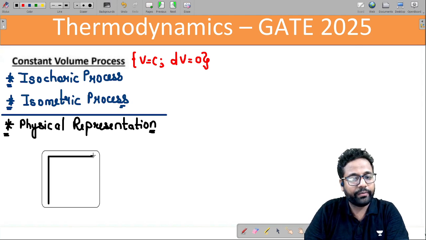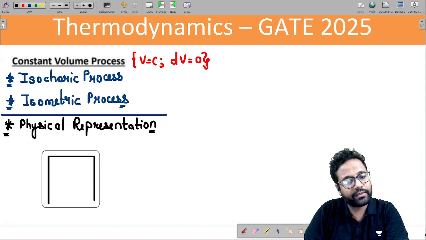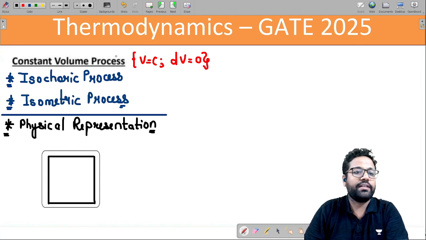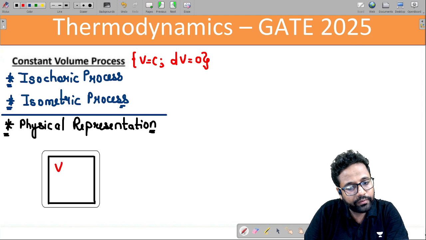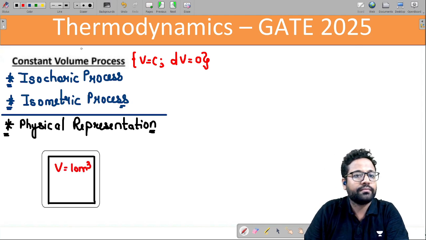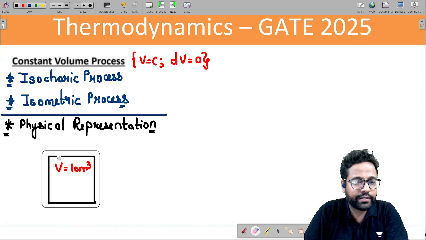And I am marking its boundary. कंट्रोल वॉल्यूम मार्क कर रहा हूं. So बच्चा, let's say we are having any gas which is having volume, for example 10 meter cube. Let me show this with dotted lines.